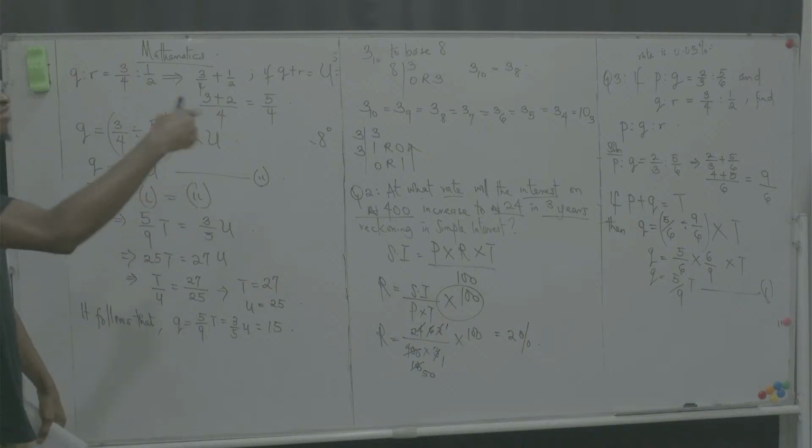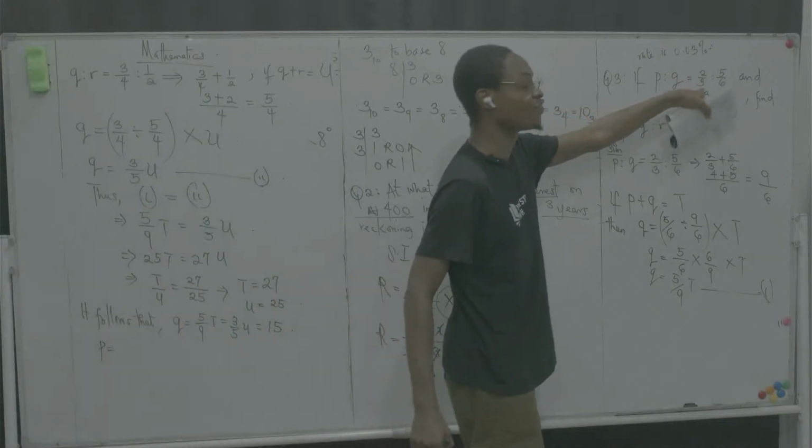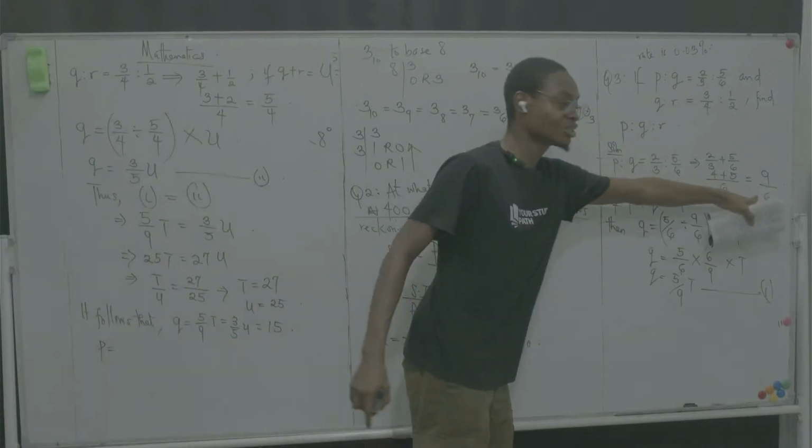From here, I can also find the value of P and R. P will be equal to, don't forget the ratio of P is 2 over 3, and the total here is 9 over 6.